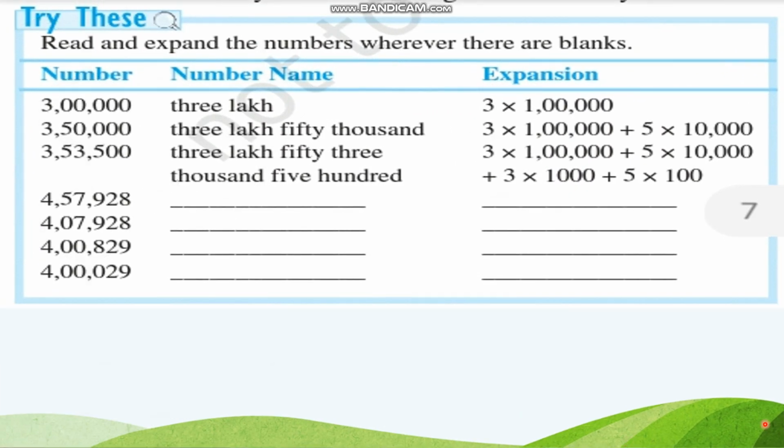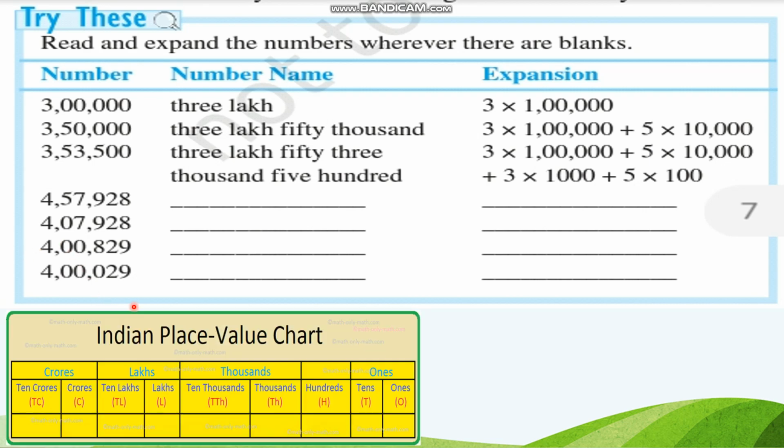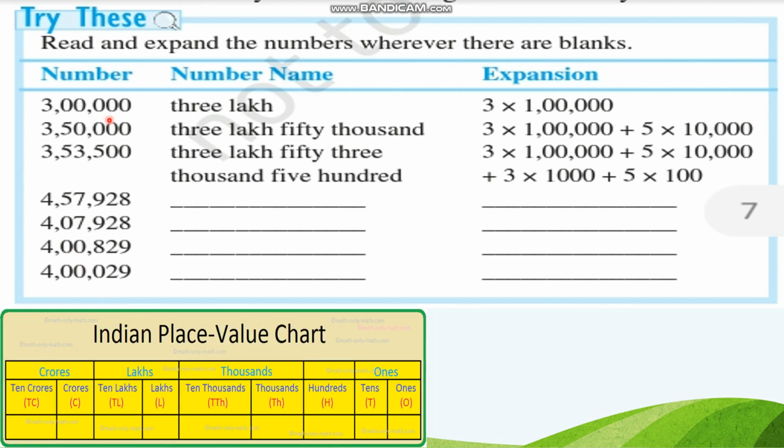Look here, children. These questions are also from our textbook, page number 7. Here the given numbers are 6-digit numbers, not 5-digit numbers. So here we have to write the number name and expansion of these 6-digit numbers. So for this, let's take a place value chart also. Look at this number.